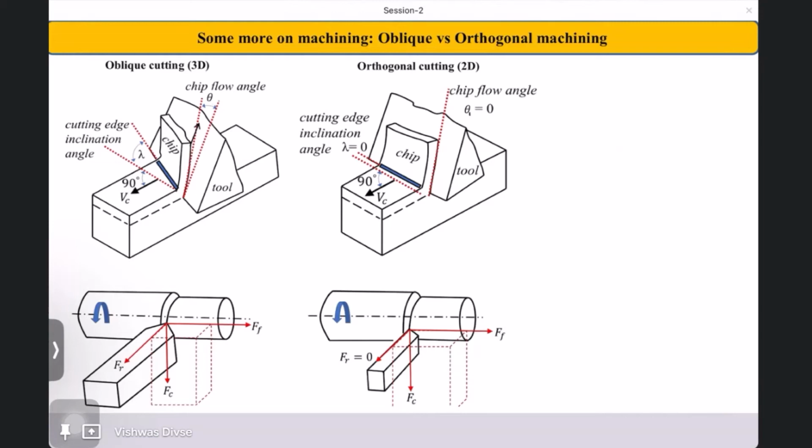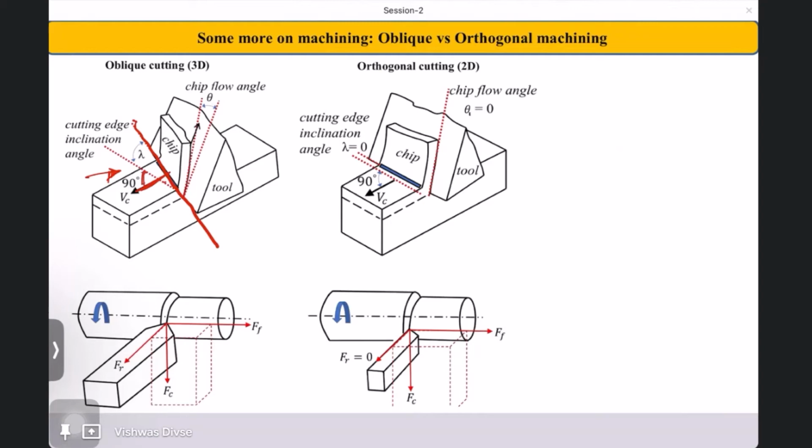In a very basic definition by some of the books, they only rely on this angle. That is the angle between the cutting edge and the cutting velocity vector. So basically the cutting edge is this, and the cutting velocity vector is shown by Vc here.